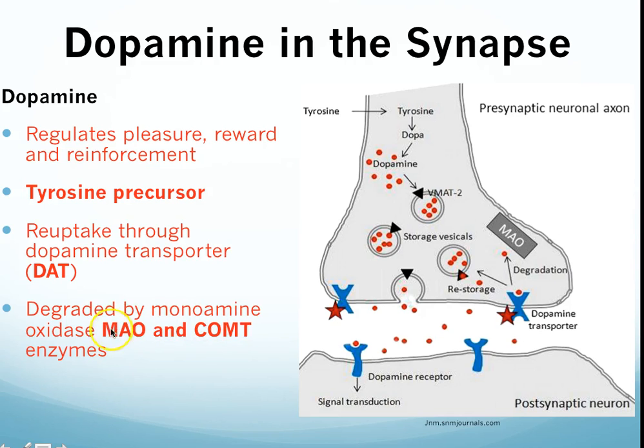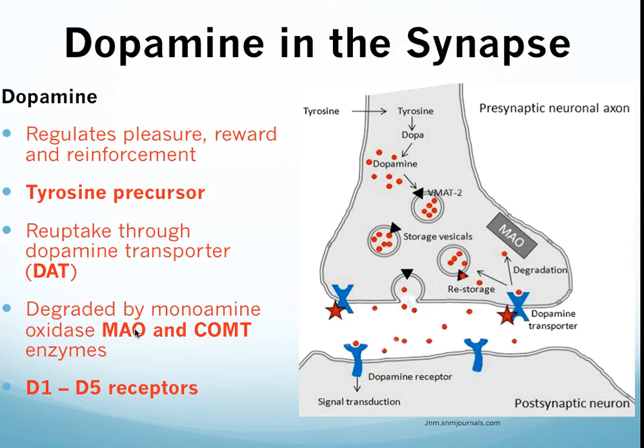This is monoamine oxidase, so it's an oxidation reaction that degrades dopamine, and this is catechol-O-methyltransferase. It's not really that important what it stands for because we're not going to get into the detailed chemistry, but it is a transferase, and MAO is an oxidase, so these are enzymes, and these will degrade dopamine. It's a monoamine, so it's going to degrade it, right?